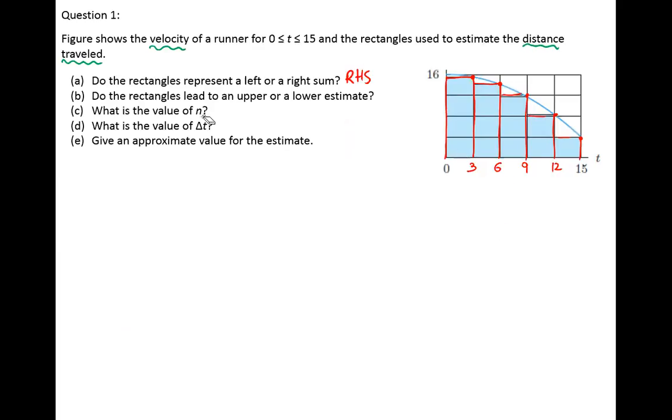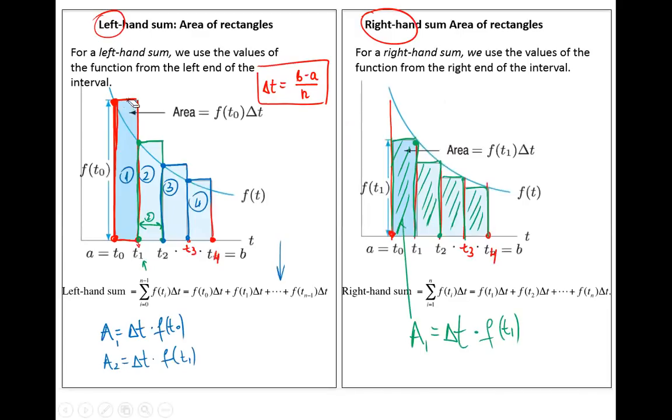Okay, do the rectangles lead to an upper or lower estimation? Oh yes, because I didn't mention that. Let me come back here. We can see sometimes, of course, it's common sense, if the rectangles are sticking out, and taking the areas of all of them, we will definitely overestimate, right? Because theoretically we don't need that part. That's our tool, that's the estimation, but this will give me overestimation.